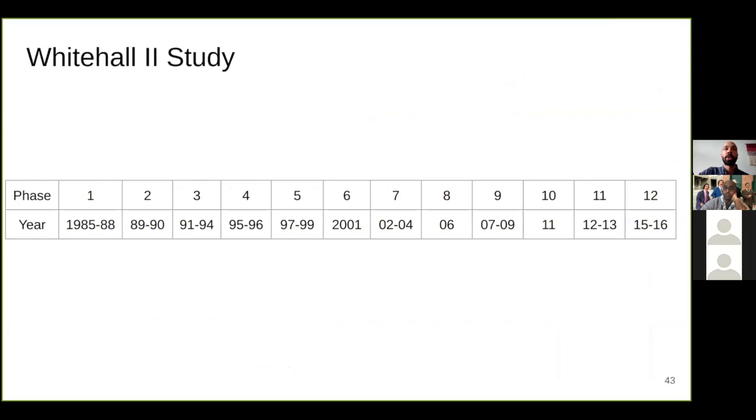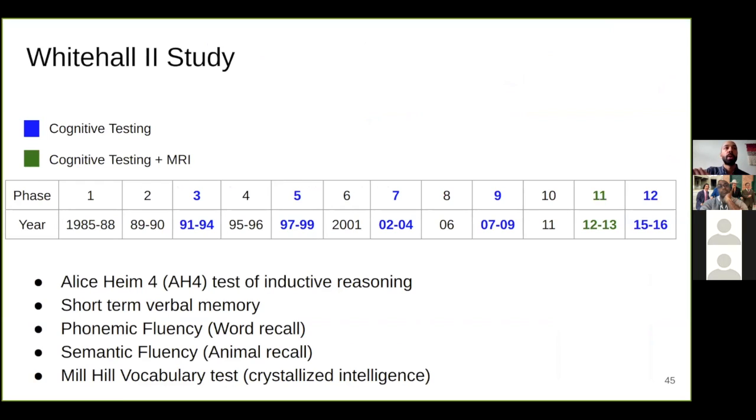So this is just a depiction of that longitudinal data collection that I mentioned. There are 12 phases, and of interest here, cognitive testing was performed at phases 3, 5, 7, 9, 11, and 12 with an MRI collected at phase 11. And the following cognitive tests were collected at each of those phases, which assess a range of functions, including inductive reasoning, verbal memory, phonemic and semantic fluency, as well as a vocabulary test.